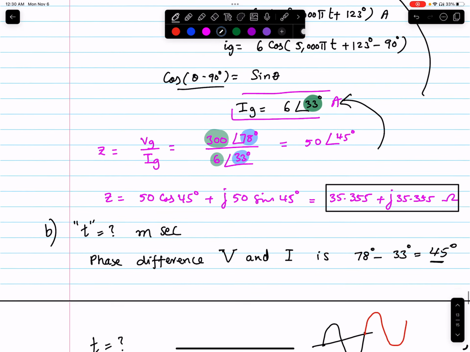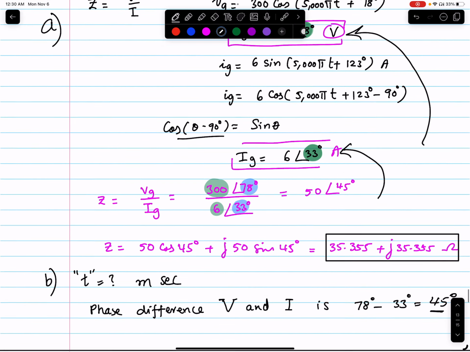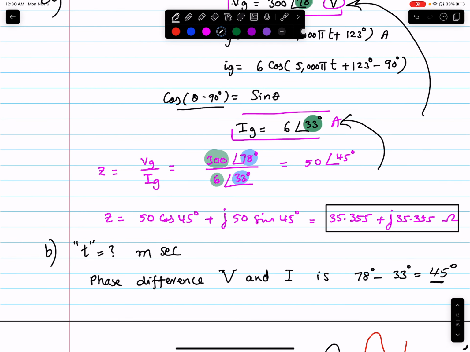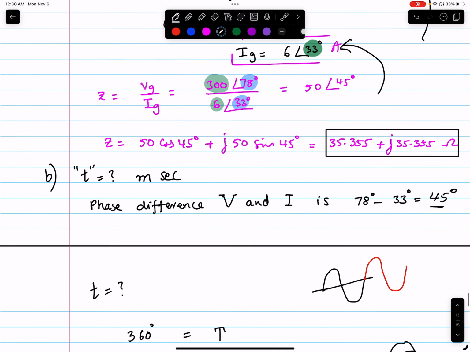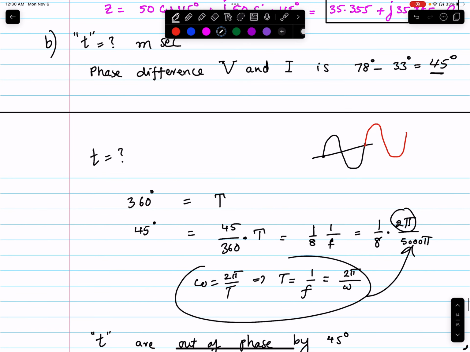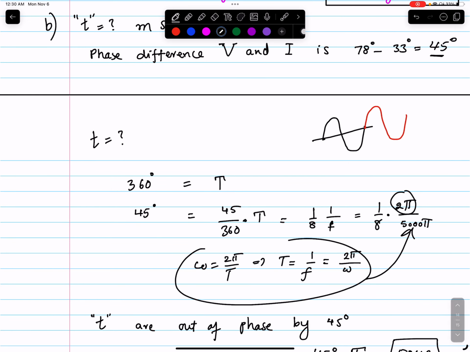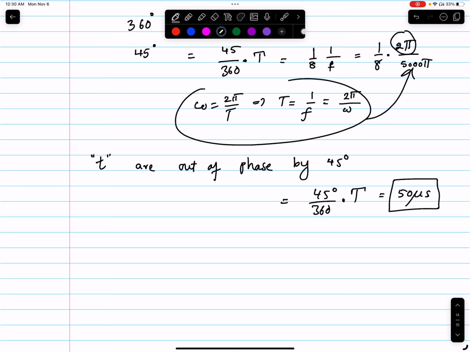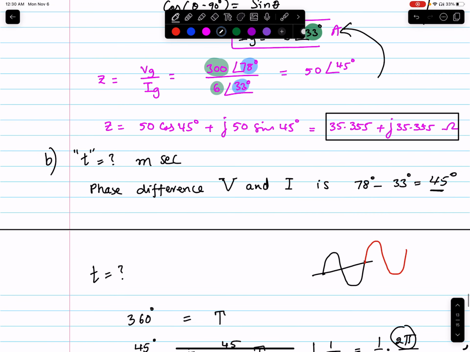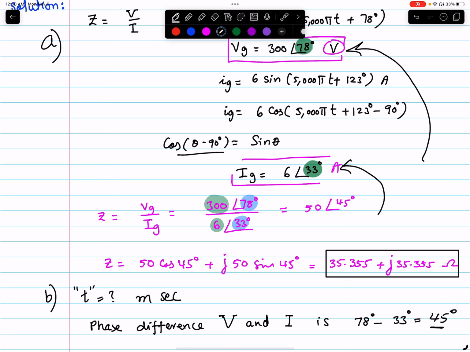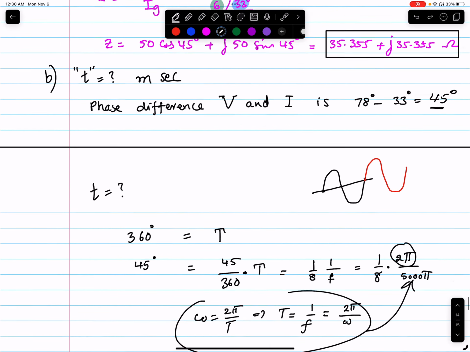That's it. All we have done is divide the voltage by current in its polar form. And in order to calculate the phase difference between V and I in terms of time, all we had to do was plug in the value for f so we can get an expression for T. Once we have T, we know that the voltage and current are out of phase by 45 degrees.